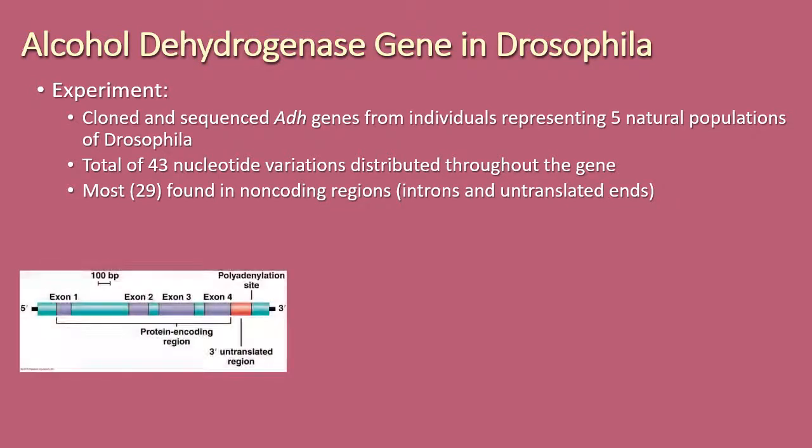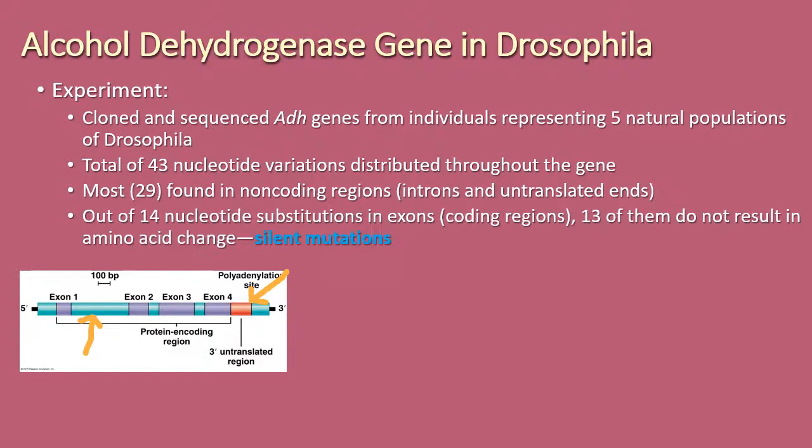Now, a majority of these were found in the non-coding regions. So we're talking about these introns and the untranslated regions on the ends. So a majority of them were not in any kind of region that would code for a protein. But there were 14 nucleotide substitutions that they found within the coding regions, within the exons.